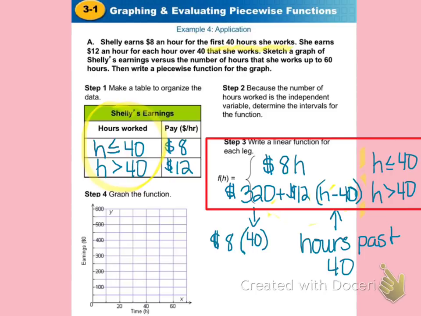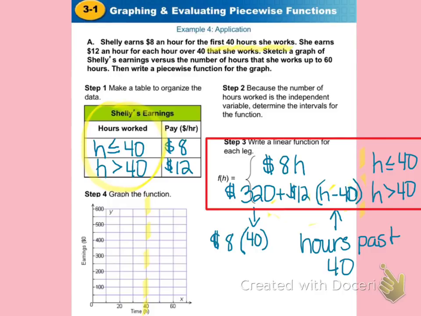And if I wanted to graph, so this is my piecewise function. And if I wanted to graph this, it's going to change over to a new interval at 40 hours. So this first part of the graph, I could just graph by picking some different number of hours to work.